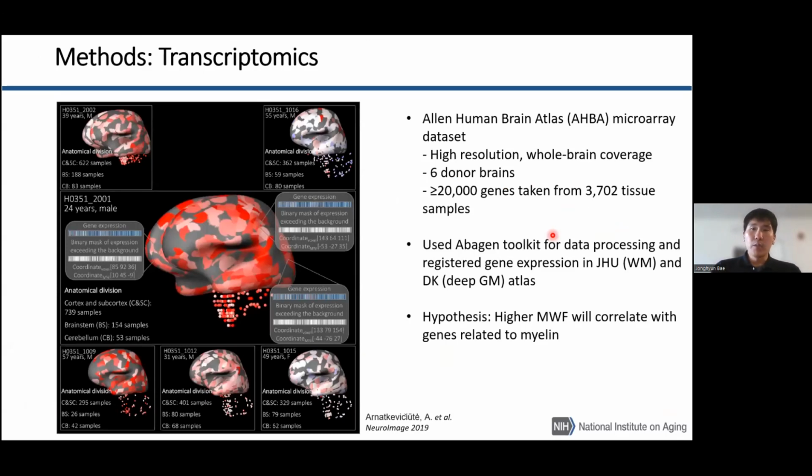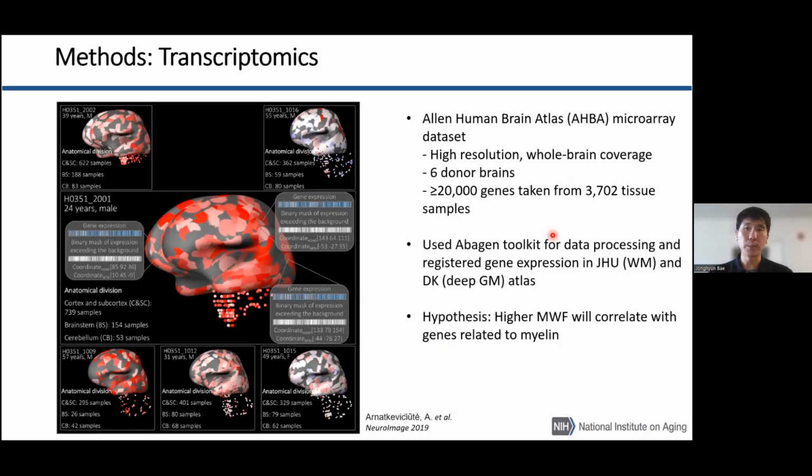To validate our myelin water fraction measures, we use transcriptomics data from the Allen Human Brain Atlas datasets. This AHBA dataset offers microarray measures to infer whole brain-wide gene expression. The dataset includes more than 20,000 genes that were detected from 3,700 tissue samples from 6 donor brains.